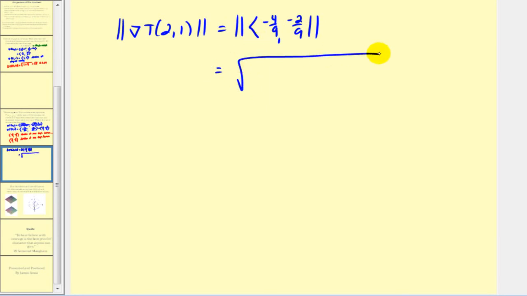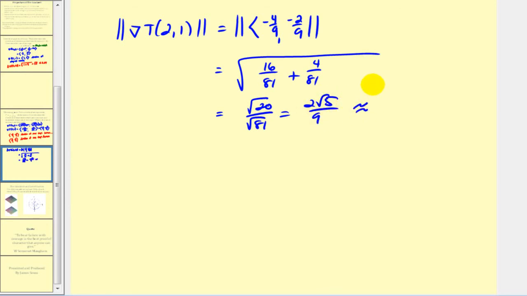So we have the square root of negative 4/9 squared, that'll be 16 over 81, plus negative 2/9 squared, that'll be 4 over 81. It's going to give us the square root of 20 over the square root of 81, which is going to be 2 square root of 5 all over 9.